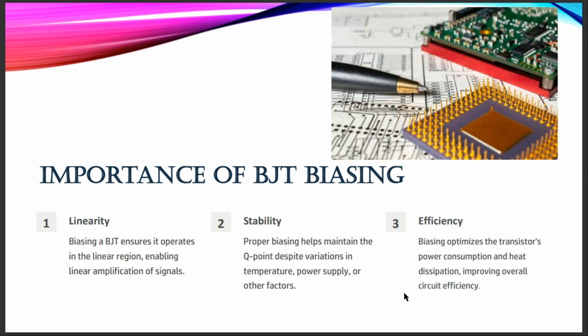Stability: proper biasing helps maintain the Q point despite variations in temperature, power supply, or other factors. Efficiency: biasing optimizes the transistor's power consumption and heat dissipation, improving overall circuit efficiency.